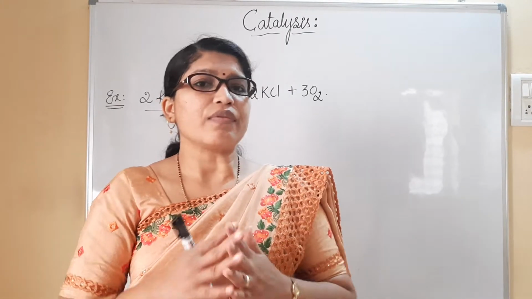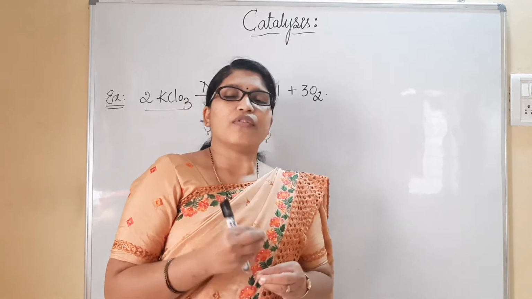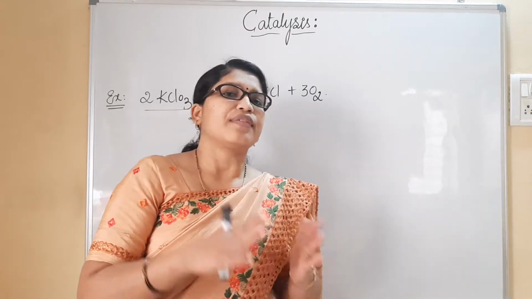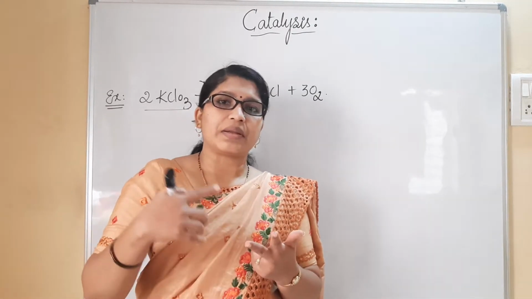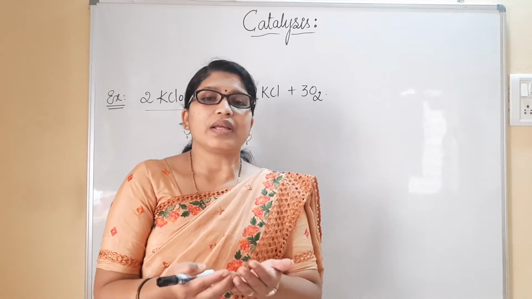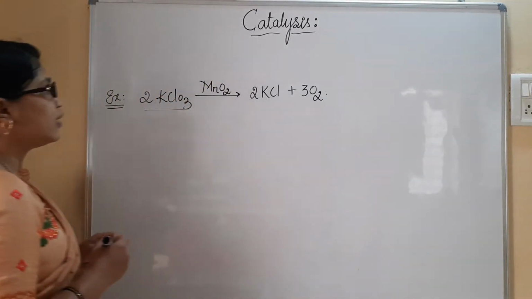This is considered a very slow reaction. Whenever we make use of a catalyst in a chemical reaction, the rate of reaction is going to be forwarded. One more thing, the catalyst remains as an inert molecule, and we can gain it back after the reaction. So I will define the catalyst here.